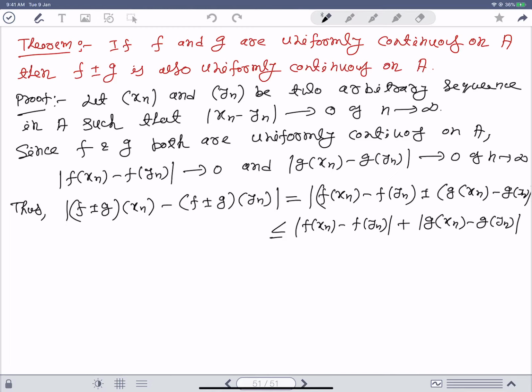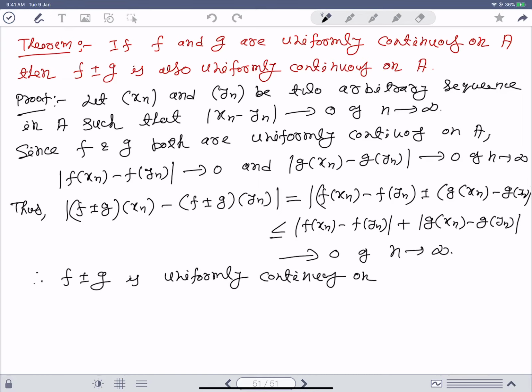And since both terms converge to 0 as n tends to infinity, therefore that tends to 0 as n tends to infinity, right? Now since xn and yn are arbitrary sequences in A, therefore we can say that f plus minus g is uniformly continuous on the domain A.